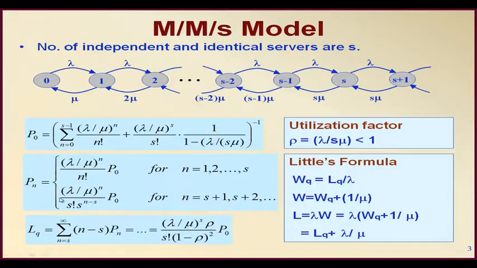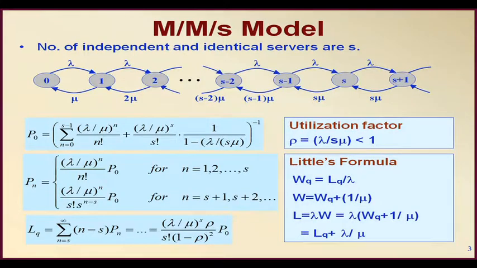Already these equations we have seen in our previous class, that when there are multiple servers, then the formulas are a little involved, however not difficult to compute. Only the formula we need to remember, but there are only two things which one needs to recall.